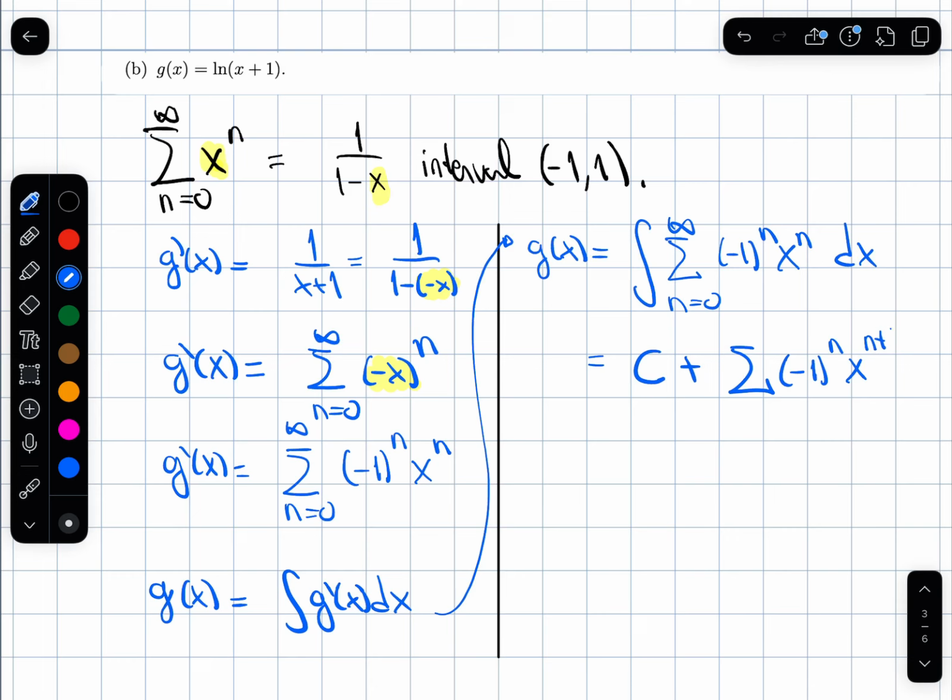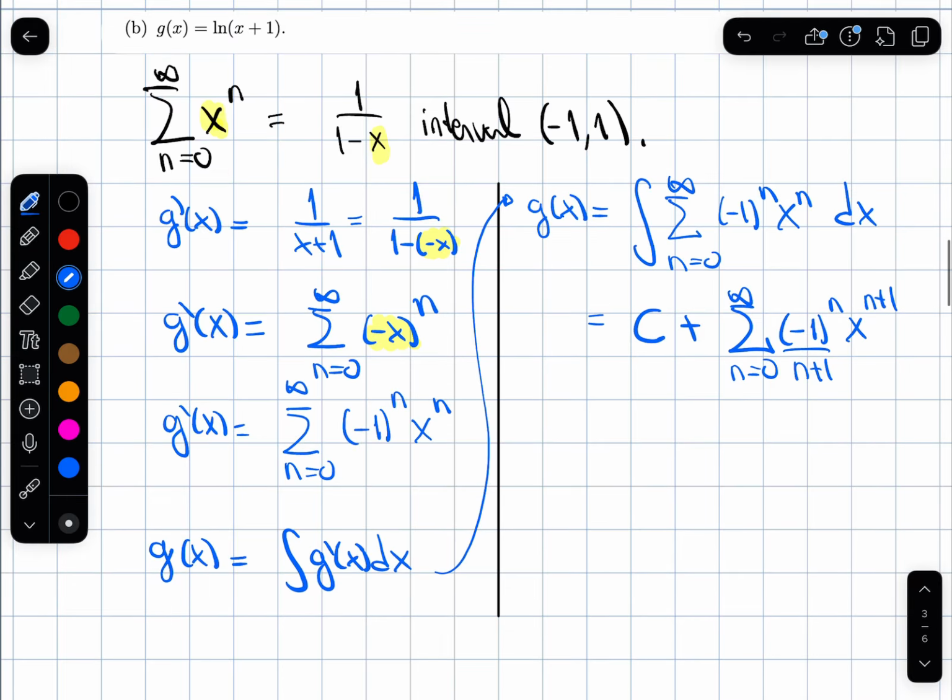So I would add 1 to the power, divide by the new power, and from 0 to infinity, like so. Again, some people will be bothered by this power not being n. They'd want you to sort of shift this. And so when n equals 0, you start with a 1 in the exponent. So a lot of people would make this start at 1. So again, you want the power of the negative 1 to start at 0, but because n starts at 1, you can't put n there.